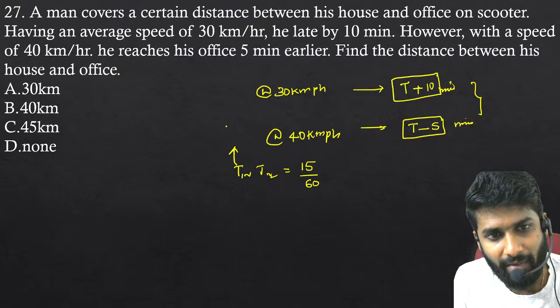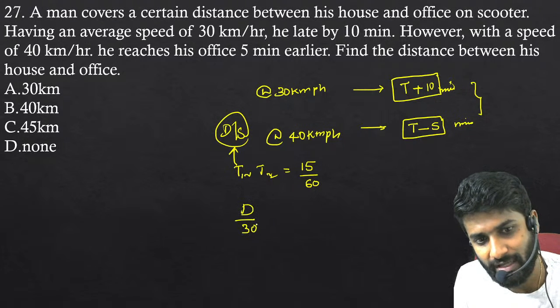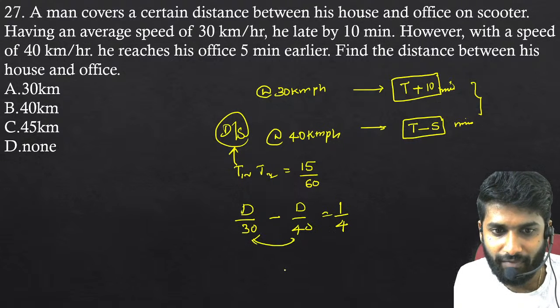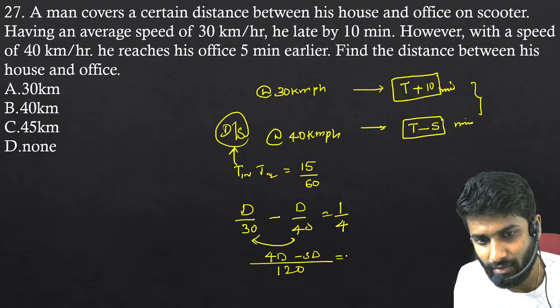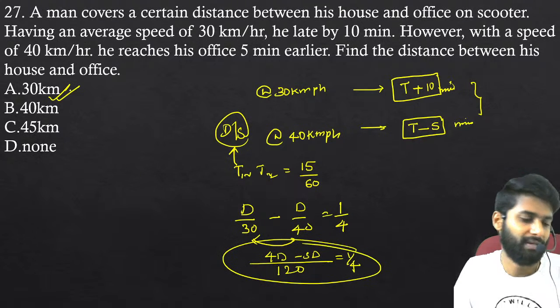Now what is the time formula? Distance by speed, Nana. Distance by speed. The first speed gives d by 30 minus d by 40 is exactly equal to 1 by 4. Now the LCM of these is 120, so 4d minus 3d over 120 is equal to 1 by 4. Now see, the d value is exactly equal to 30 kilometers.